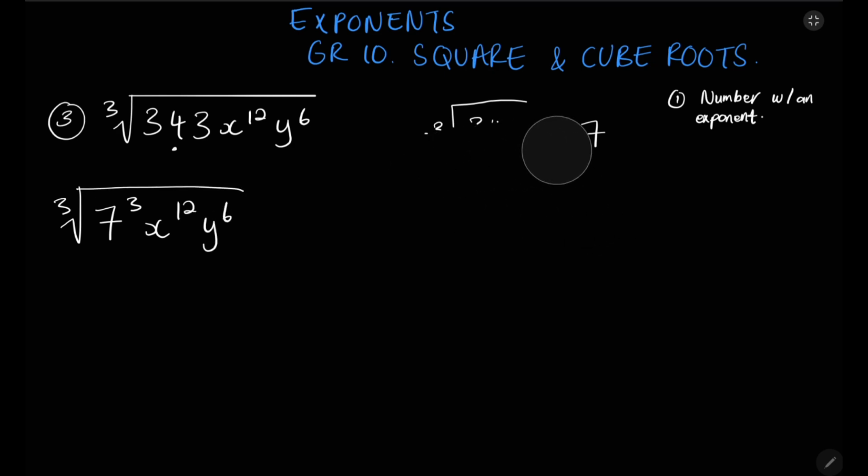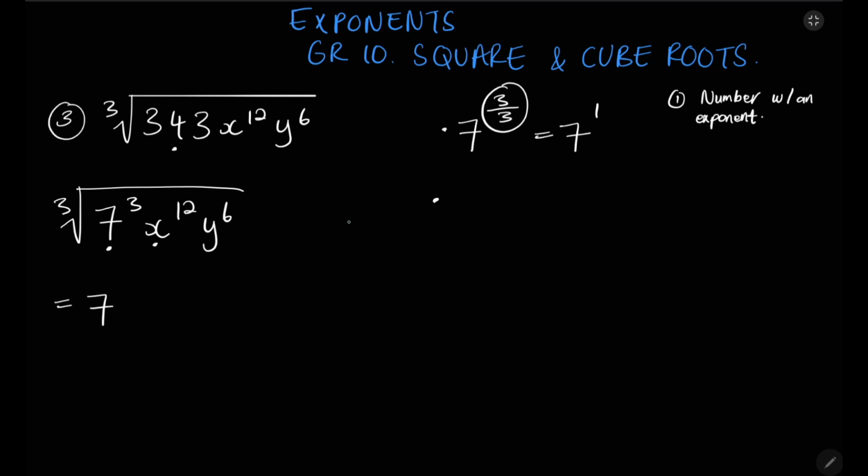Now let's apply our laws. This will be inner divided by outer. So we have 7, 3, which is your inner, divided by outer, which is 3. Your answer is 7. What is 3 over 3? 1. So you write your 7 there. Let's move to x. Your inner is 12 and your outer is 3. Your answer is x.